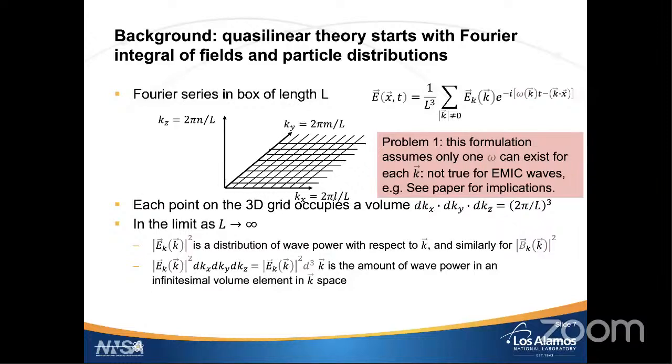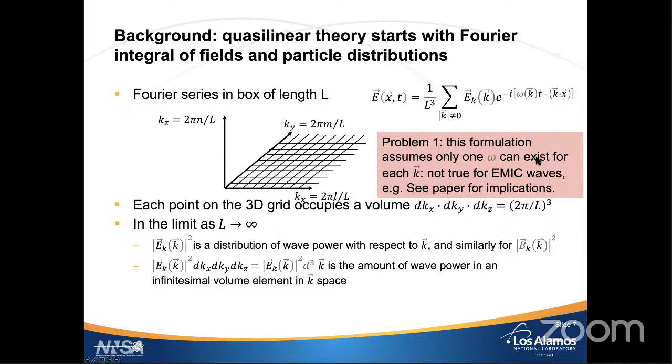That is, E_k squared is a distribution of the wave power with respect to the 3D k vector, and multiplying it by dkx, dky, dkz produces the wave power in an infinitesimally small volume centered at kx, ky, kz. This understanding of the distributional nature of E_k squared is critical to understanding the mistake that was made in the 1970s.